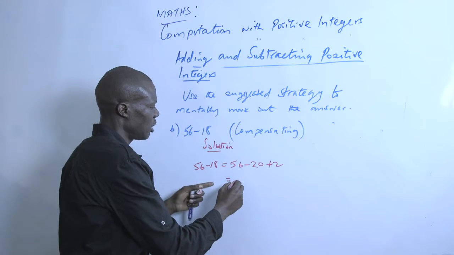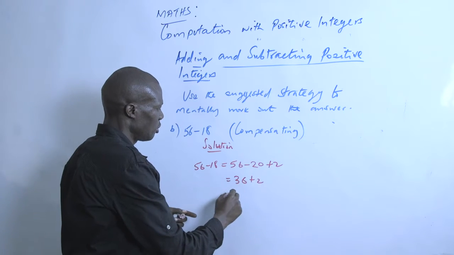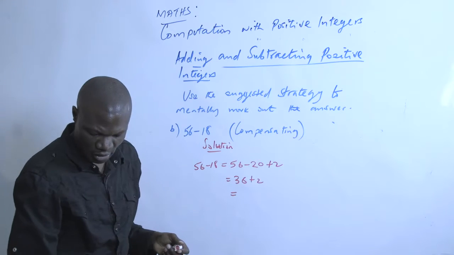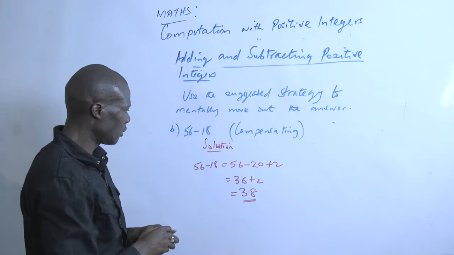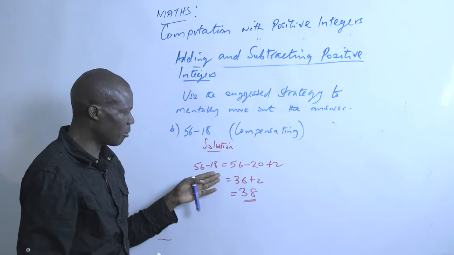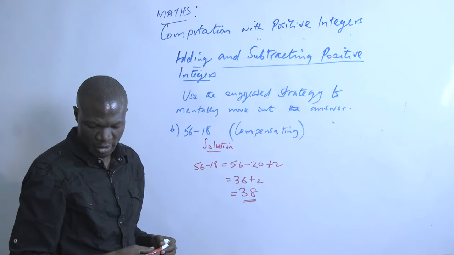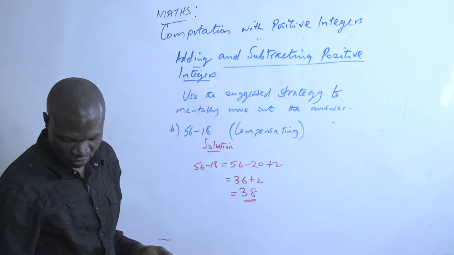We find this one gives us 36 plus 2, which is simply going to give us 38. So using compensating, we are able to find 56 minus 18 as 38. That is what we have.